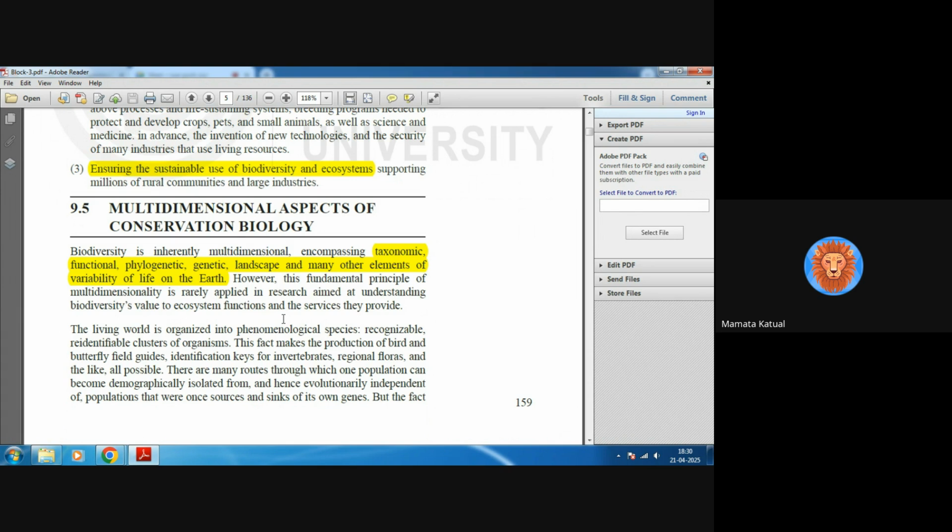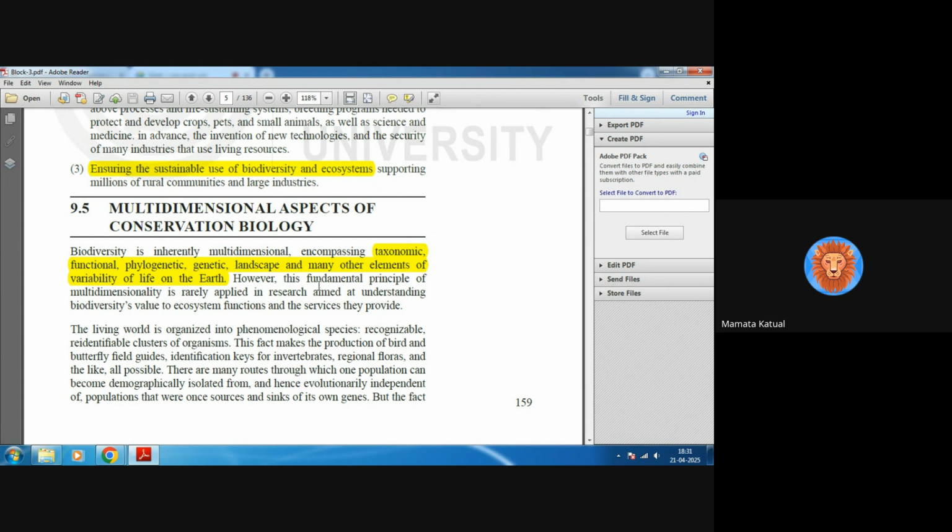So not only do we have to identify which organisms are present in the ecosystem, but we also have to know their evolutionary history. Then the genetic, that means we have to know the genetic relationship between the living organisms, how one organism is genetically different from another, or how they are related genetically. So these also we have to study.